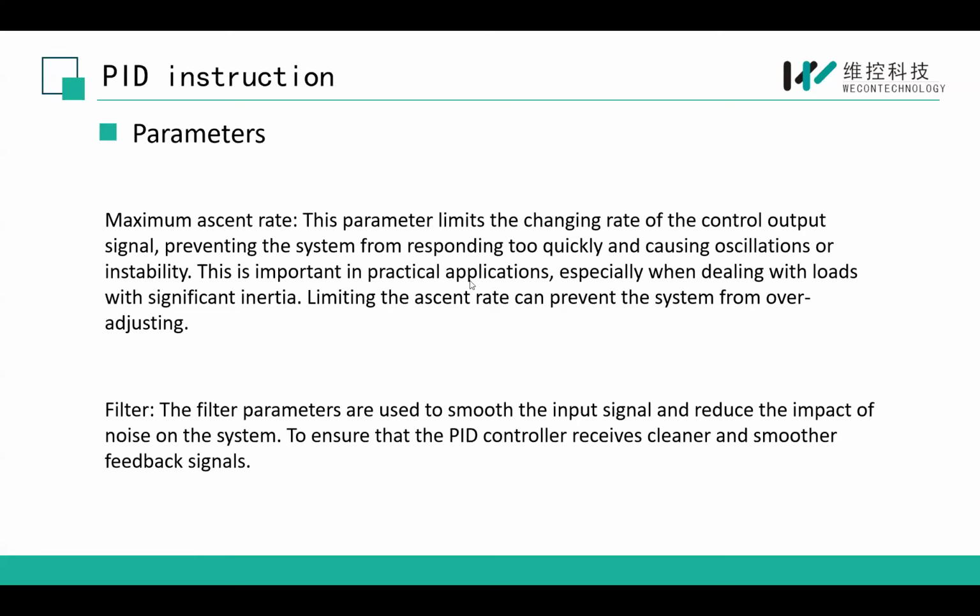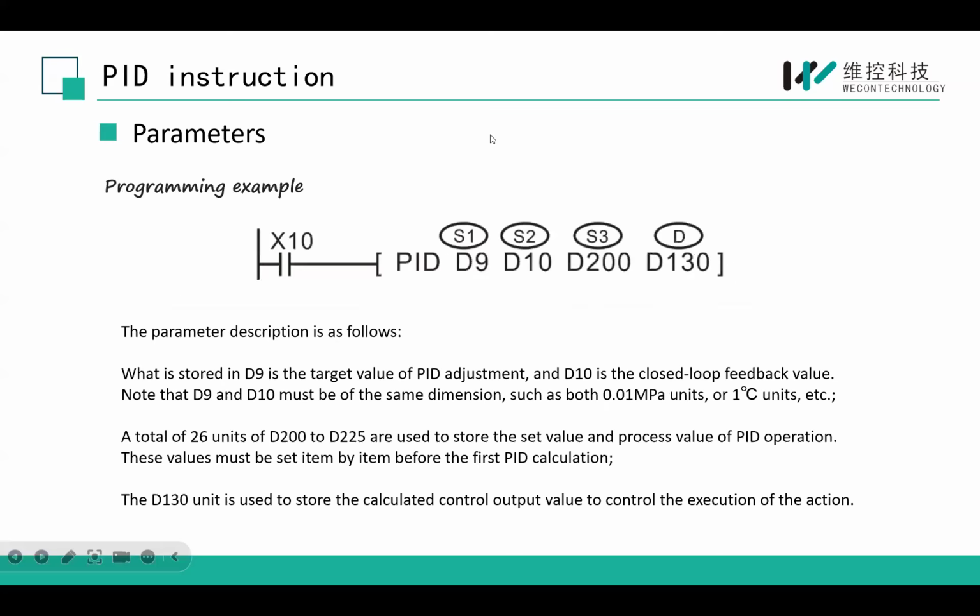If we set the third parameter, for this example, D200, and we set D201 as 16, it means we use auto tuning and for the heating control system. If it's 17, it means we use auto tuning and for the cooling system.